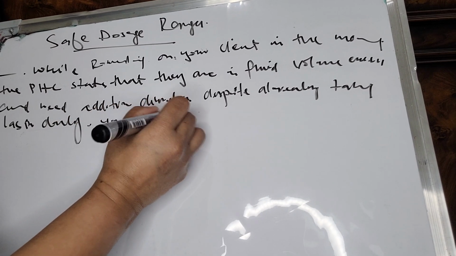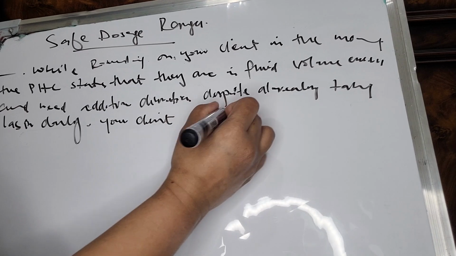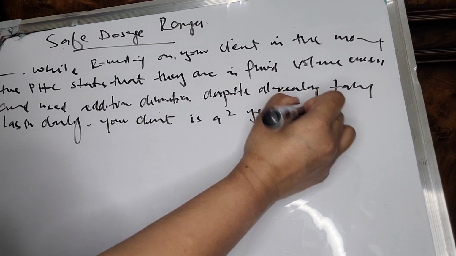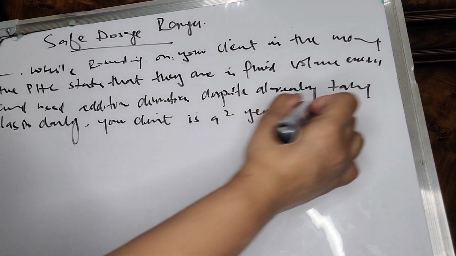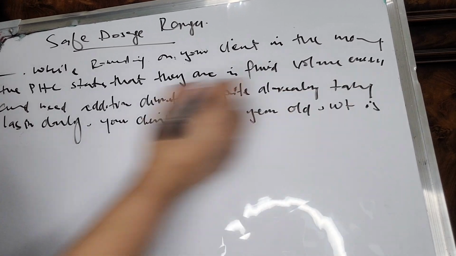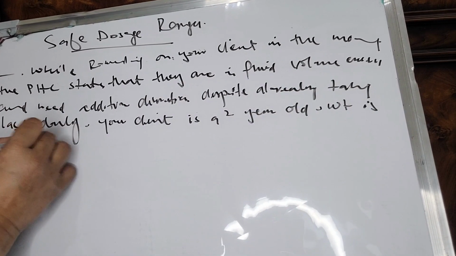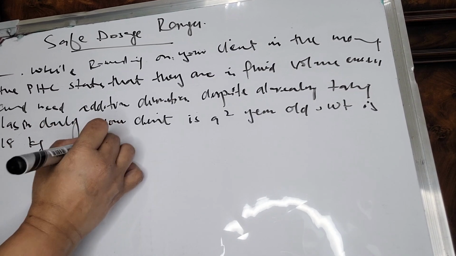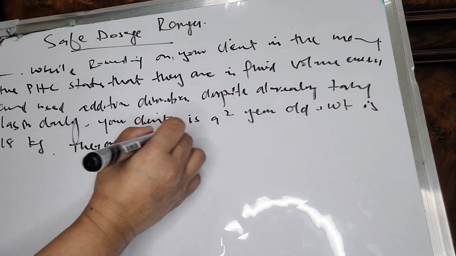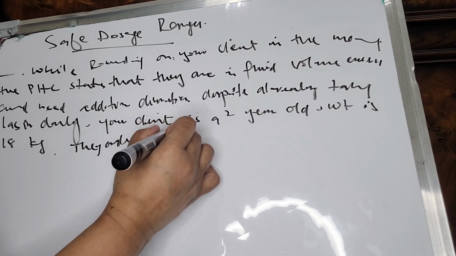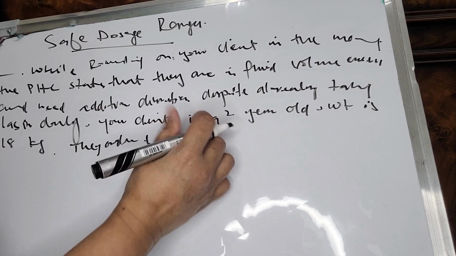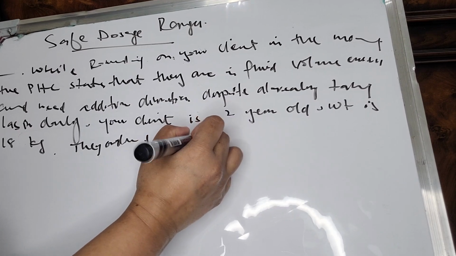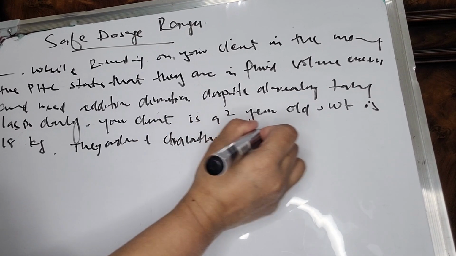Your client is a 2-year-old. Weight is 18 kg. The doctor ordered chlorothiazide, which is a diuretic.